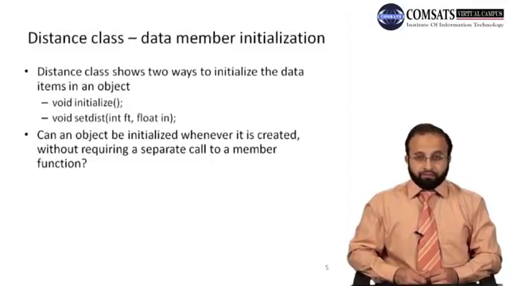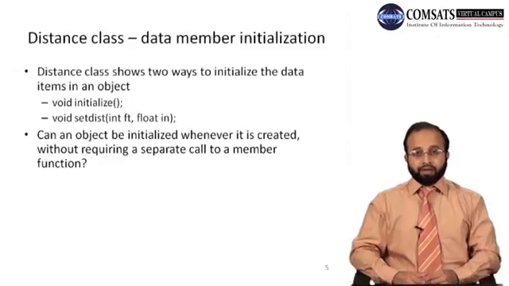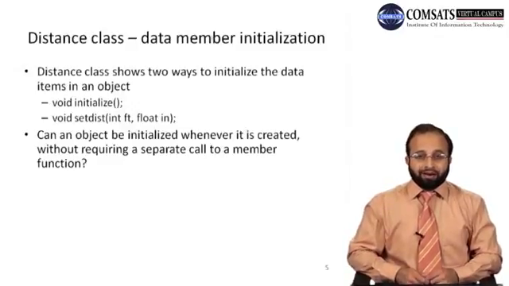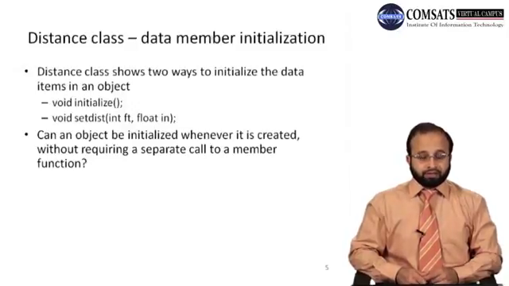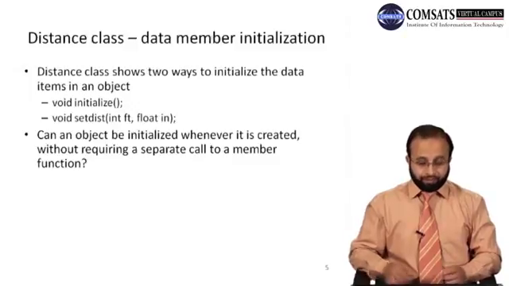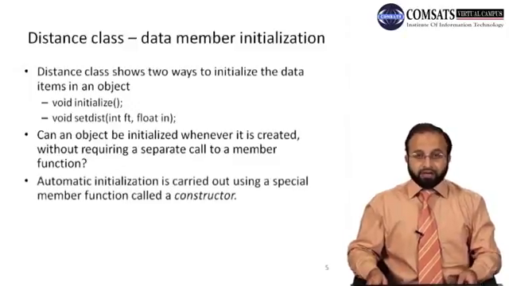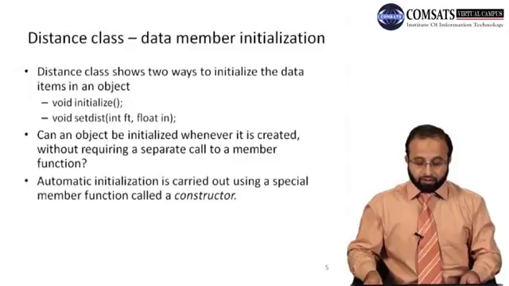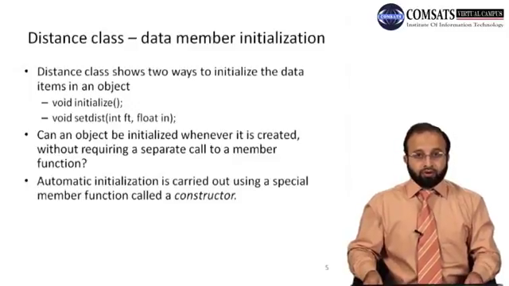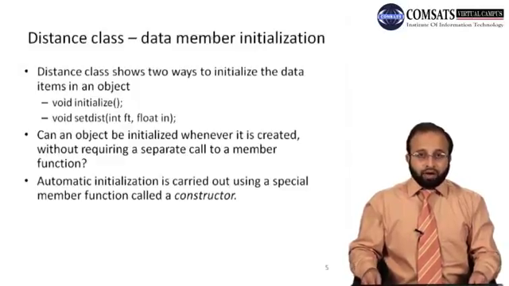But what if we have a way in which the object's private data members are automatically initialized with some value when they are created? Yes, we have the way, and that is called automatic initialization. It is carried out by using a special member function called a constructor. So by using a constructor, you can initialize the private data members of an object implicitly. Implicitly means that it will be done automatically.